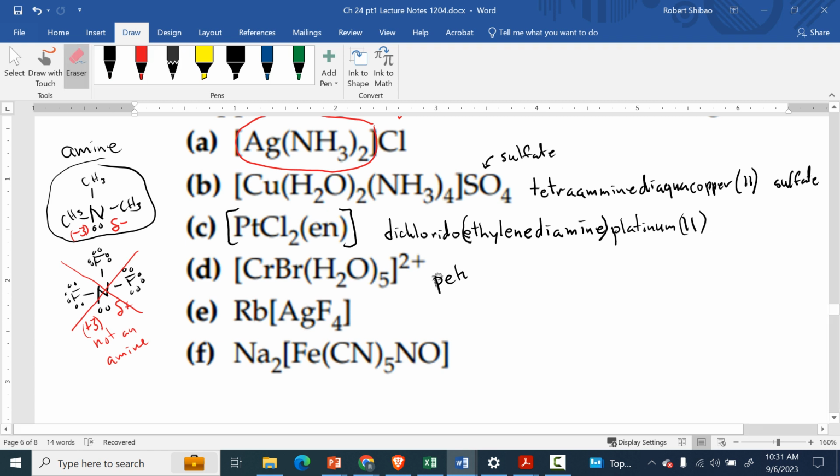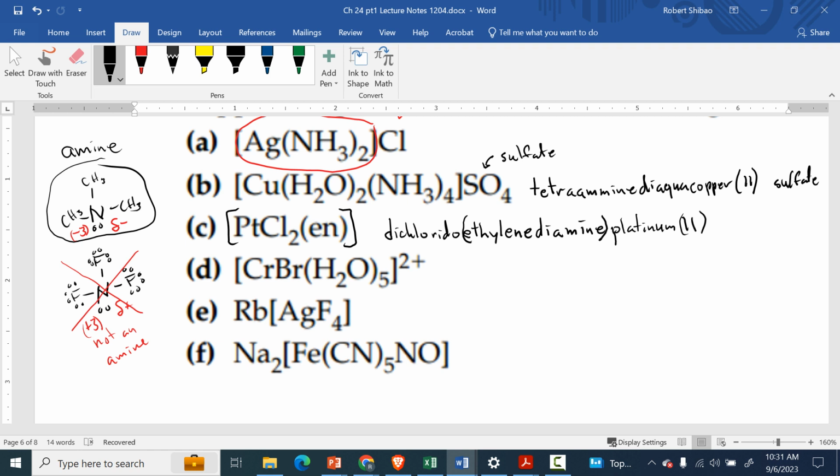How many of these do we have? 5. 5 is penta. Now, should we call it pentaqua or pentaaqua? Well, your book is going to do pentaaqua.